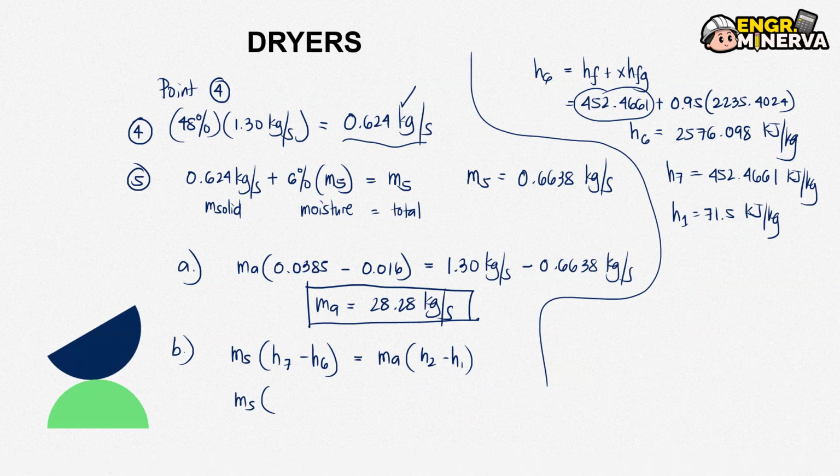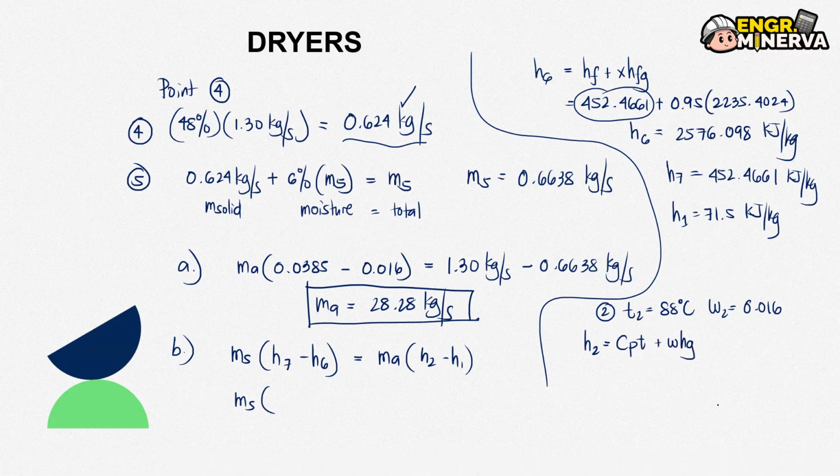The 88 degrees Celsius is given at 2, and W2 is equal to W1, right? That would be 0.016. So we just use our formula for enthalpy, that would be CpT plus W Hg.